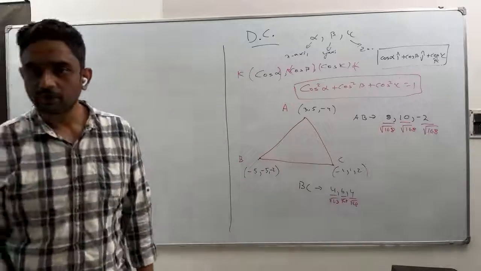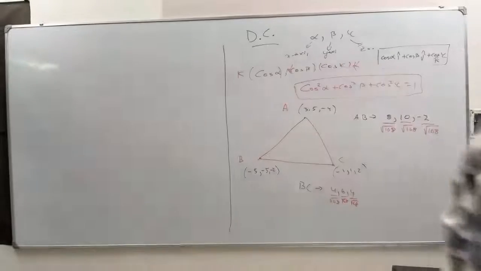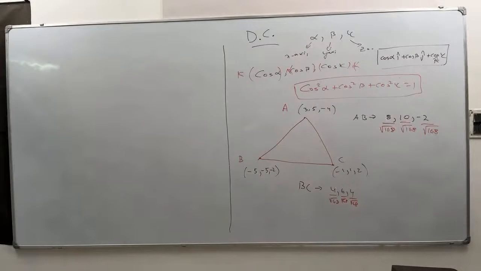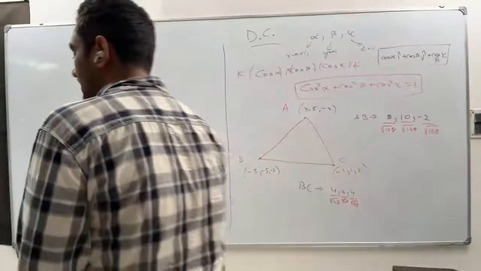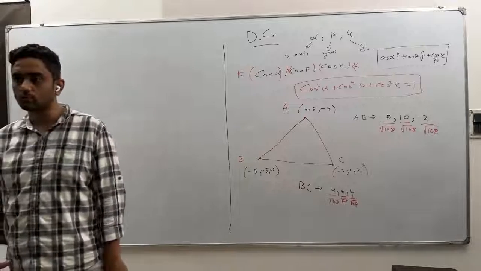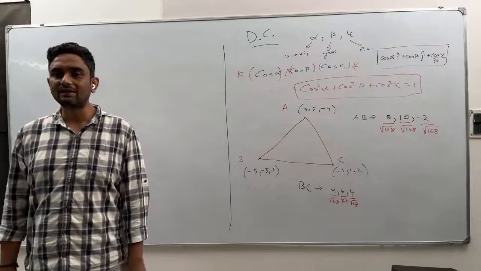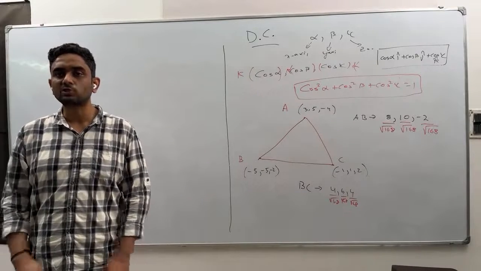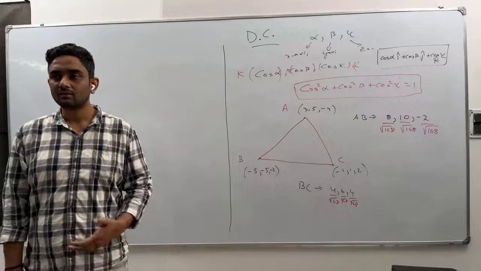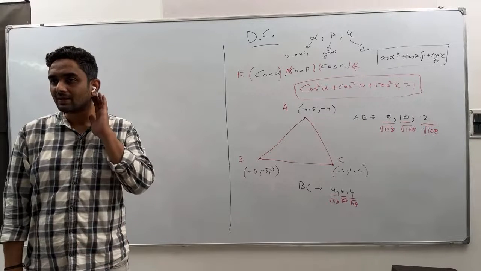Simple, right? Pretty easy. All of you are clear on this? Okay. So this is what you have to do. Now you will see questions based on finding whether the points are collinear or not. If points are collinear, the direction cosines should be the same.